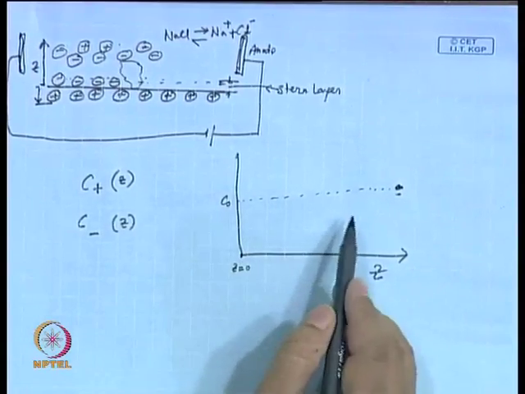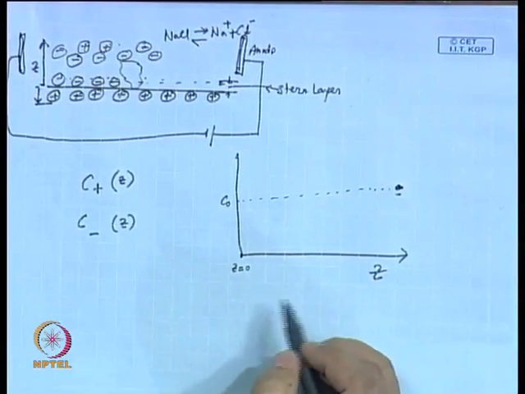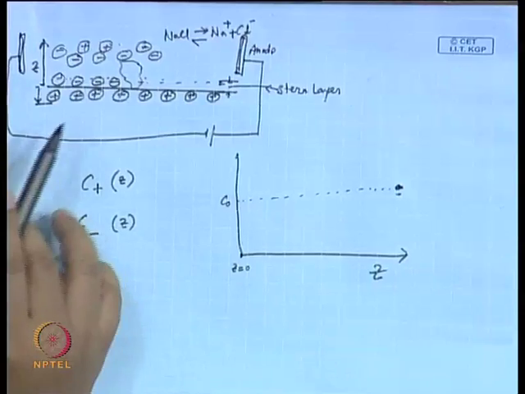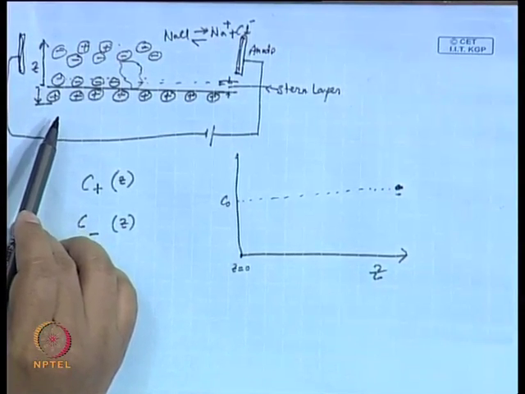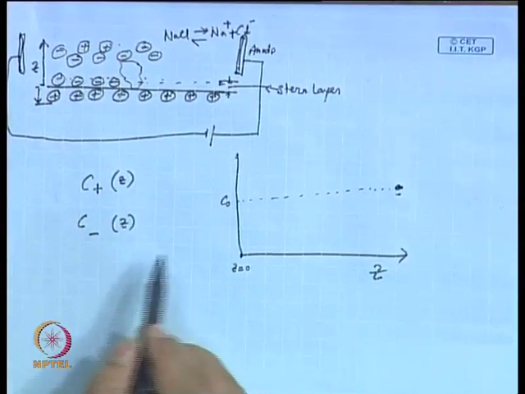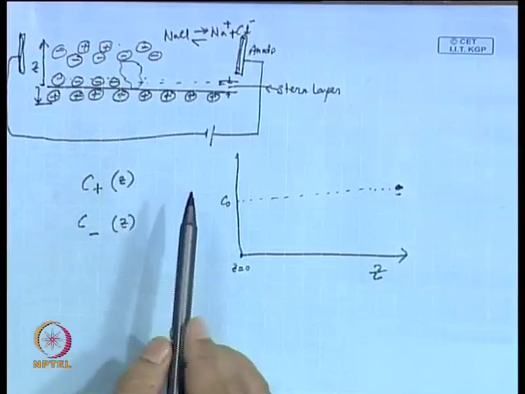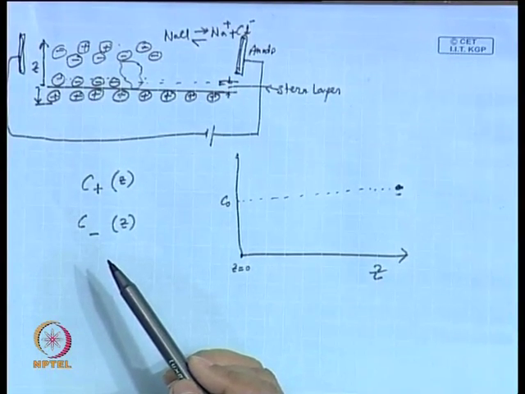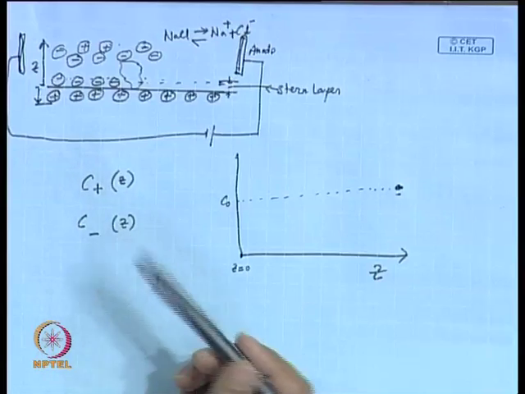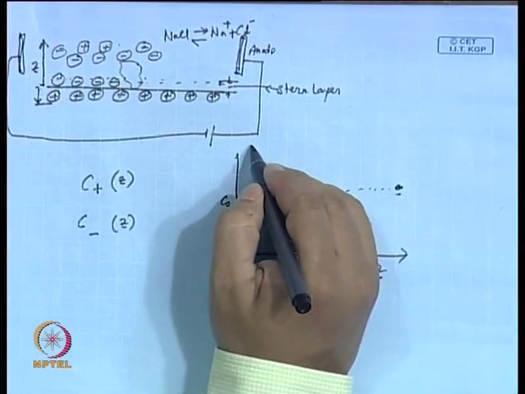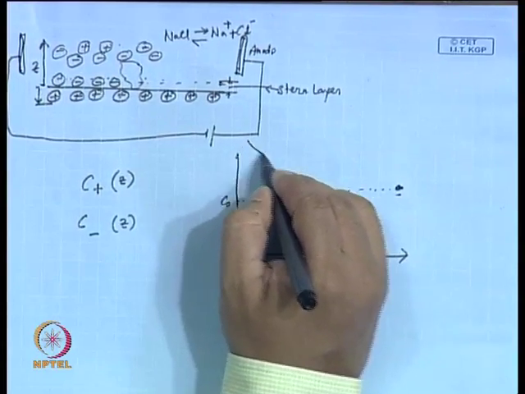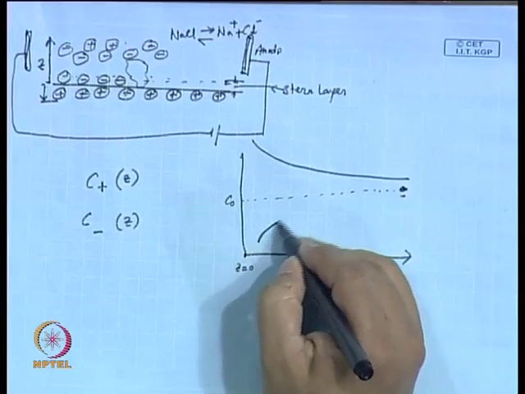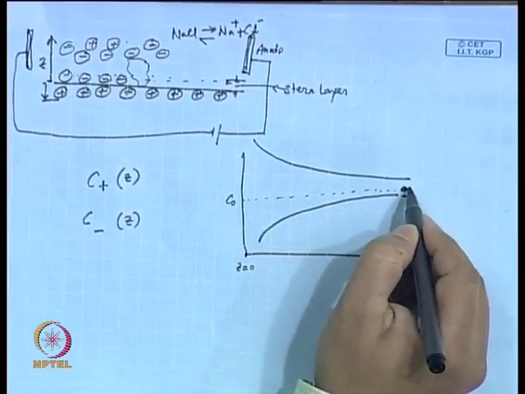Now, what would be the C plus ion concentration or C minus ion concentration near the wall? If we follow this particular picture, we expect C minus to be more and C plus to be less than C0 near the wall. Am I right? So, you can expect a plot something like this and a plot something like this, both merging to C0.